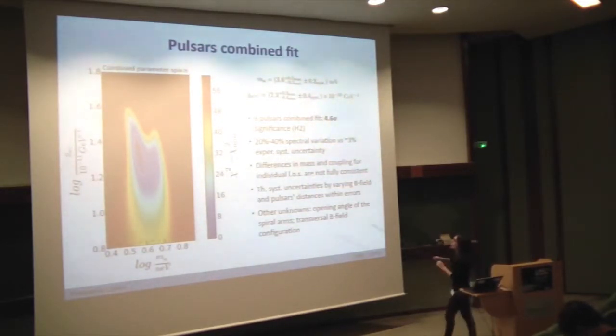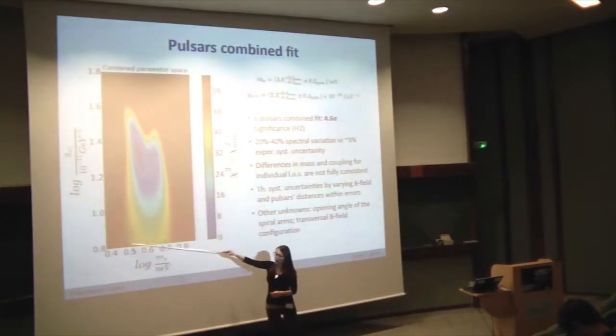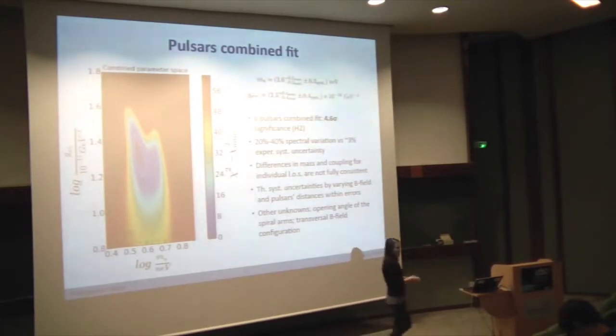But nevertheless, the spectral variation is of the order of 20 to 40%, so it's there, against a systematic uncertainty of about 3%. And there are theoretical systematic uncertainties, as I was saying, that are also related to the distance of the sources. And last but not least, this region is already excluded by the CAST limits.